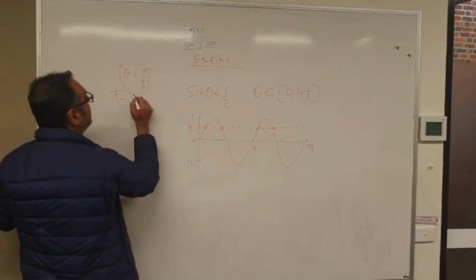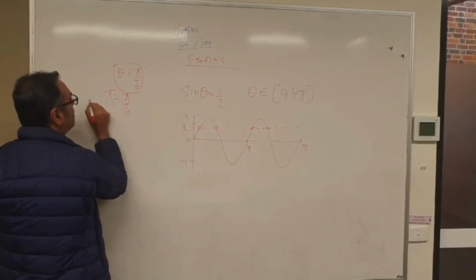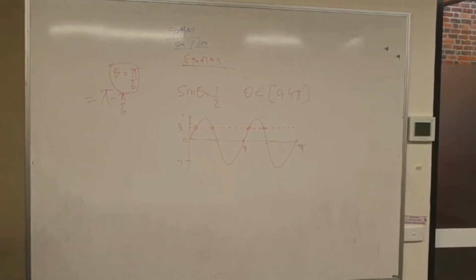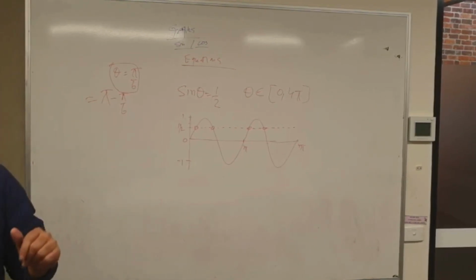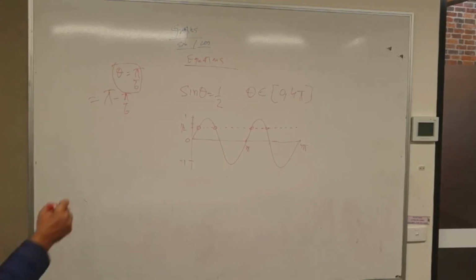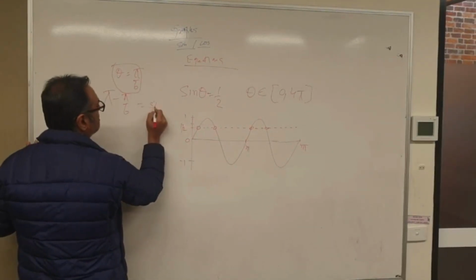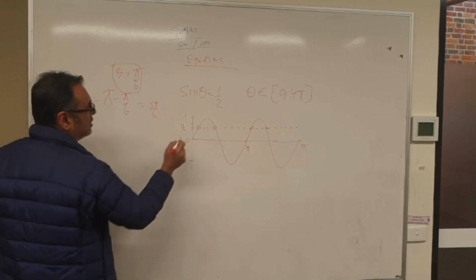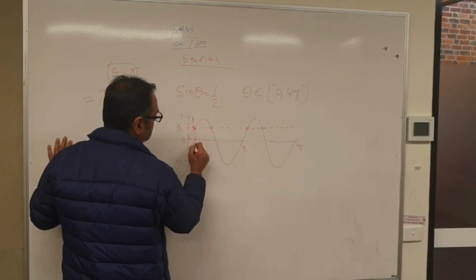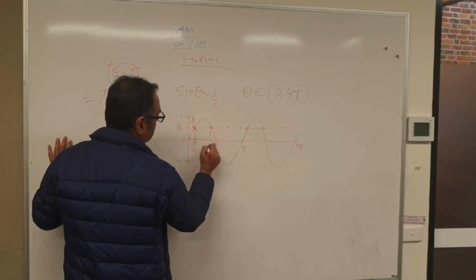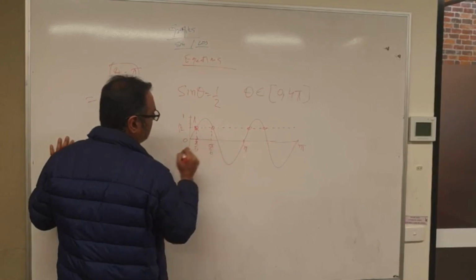So pi minus theta will give me the second quadrant, which is 5 pi over 6. So this value is pi over 6, and this value is 5 pi over 6.